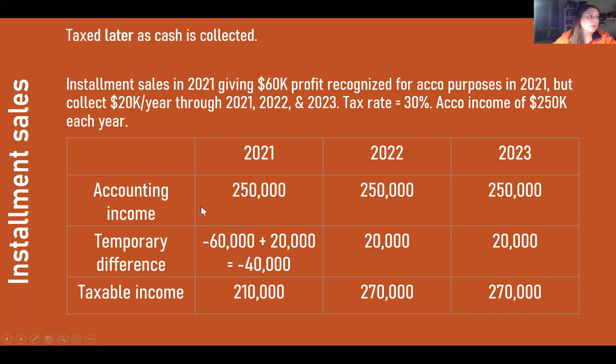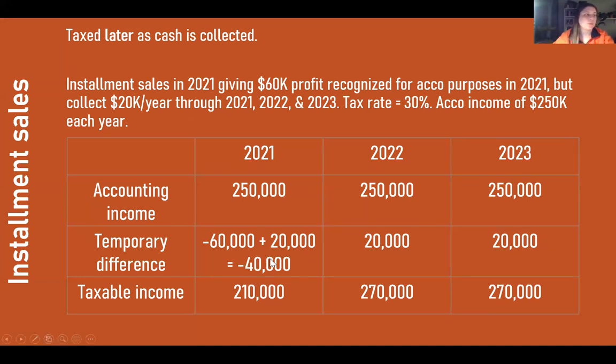So in 2021, in your accounting income, you have $60,000 that's due to the installment sales, but you didn't receive the full $60,000. You only received $20,000 cash. So to get to your taxable income, you're going to want to remove the $60,000 that you've put in your book and add the $20,000 cash that you received, or just adjust for the $40,000 difference that it causes.